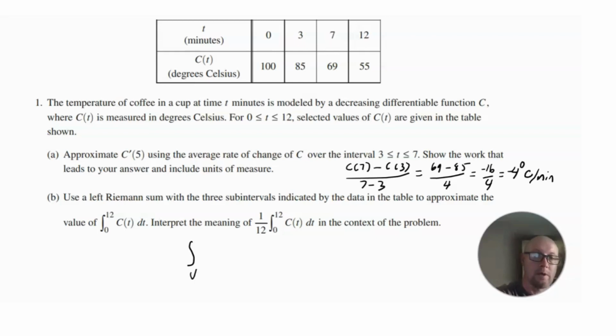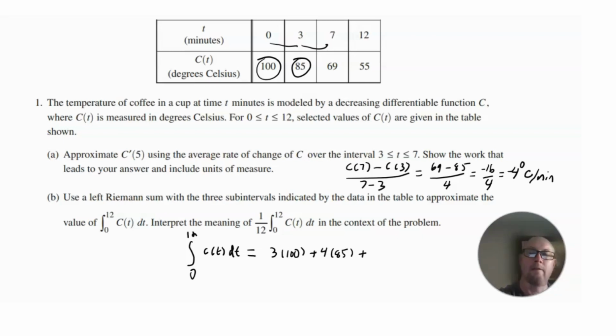Okay, so we go from 0 to 12, and we've got the integral of c of t dt approximated by, if we look at our first interval, we're going from 0 to 3, so the width of the interval is 3, and we want the left point, so we're going to use the 100 here, plus the next width would be 7 minus 3, which is 4, and we want to use the left point out of the two, so that would be 85.